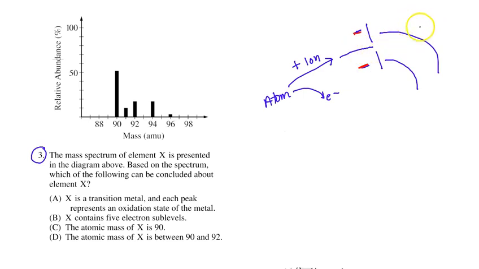And then you have opposing magnetic fields. Essentially, a moving charged object will create a magnetic field. And then we have this magnetic field pushing on it in a certain direction. So it kind of bends it, and eventually it hits a detector.